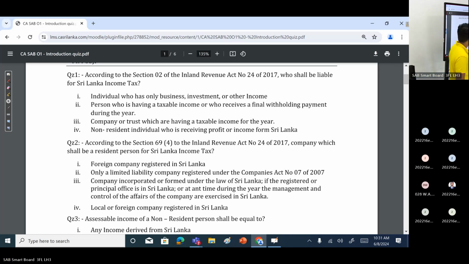It's an MCQ. Take a blank page and put your number. Write the answer and give it to me.